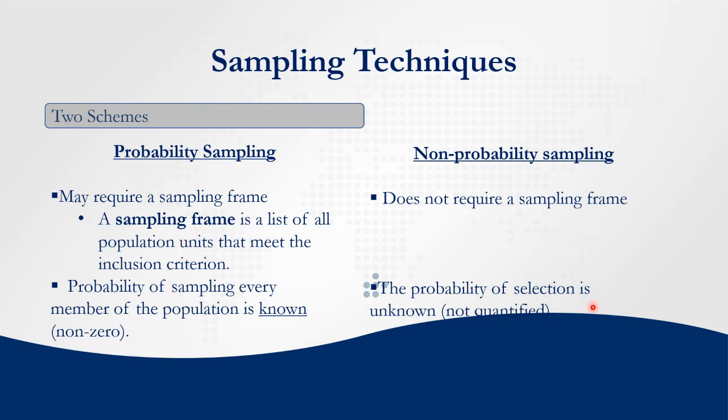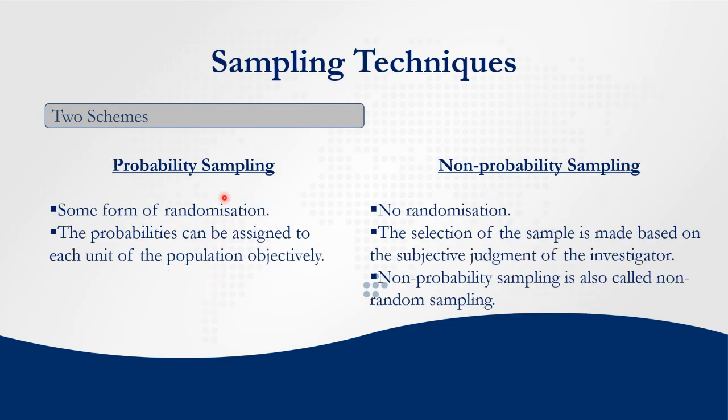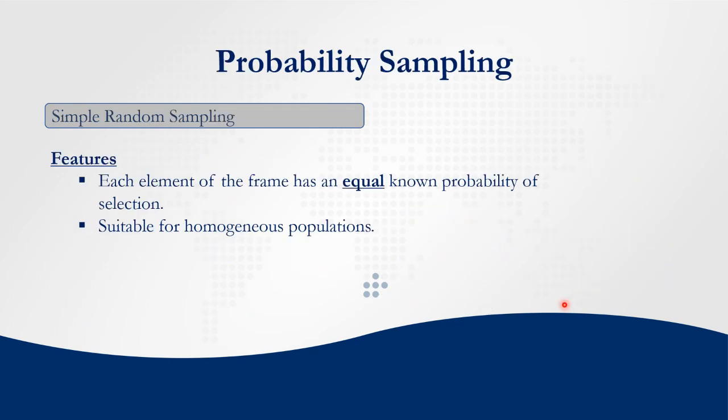On this side, when you're doing non-probability sampling, you don't have a list, so you can't calculate the probability of selection. With probability sampling, one of the features is that there has to be some form of randomization. The probabilities are assigned to each unit objectively. On the other side, there is no randomization. The selection is based on the subjective judgment of the investigator, and we also say it's non-random sampling.